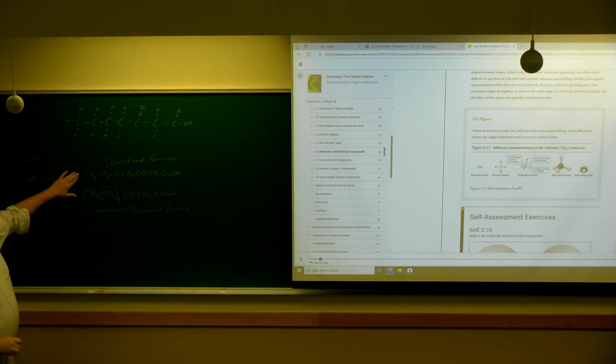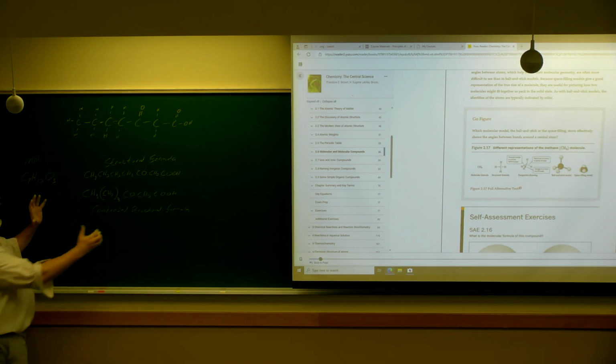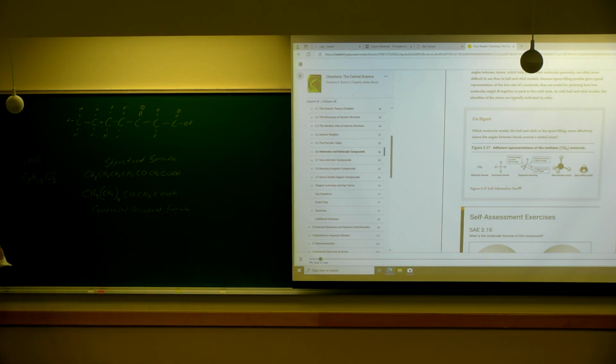I would call this the condensed structural formula, because you can squeeze some things in like that.